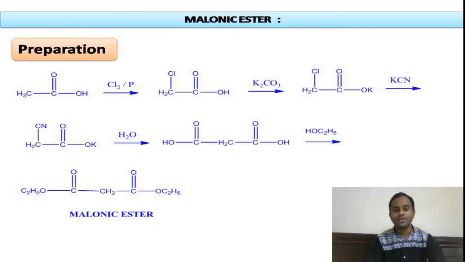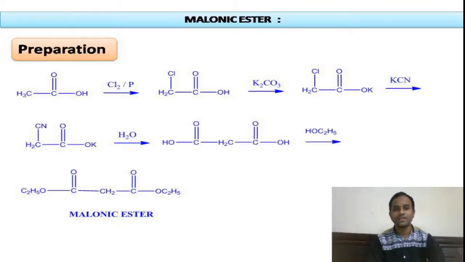The cyano group will undergo hydrolysis to give a carboxylic acid, so that we will get malonic acid, that is the dicarboxylic acid, as the product, which upon reacting with ethanol undergoes esterification to give diethyl malonate or malonic ester as the product.